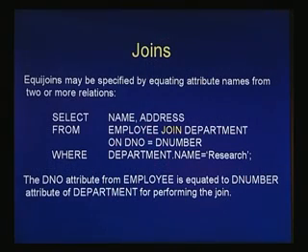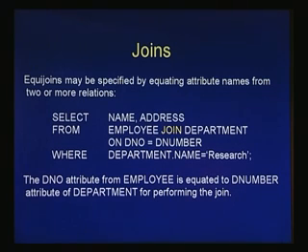So, as shown in the slide here, select name, address from employee join department on DNO equal to DNumber. Note that DNO is an attribute of employee and DNumber is an attribute of department.